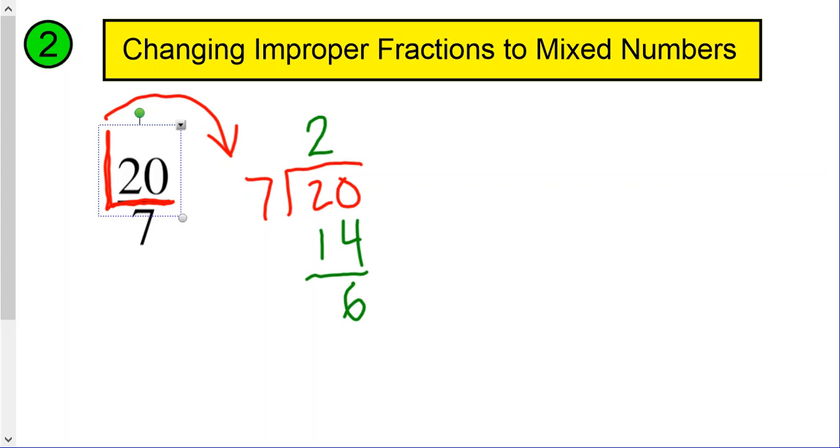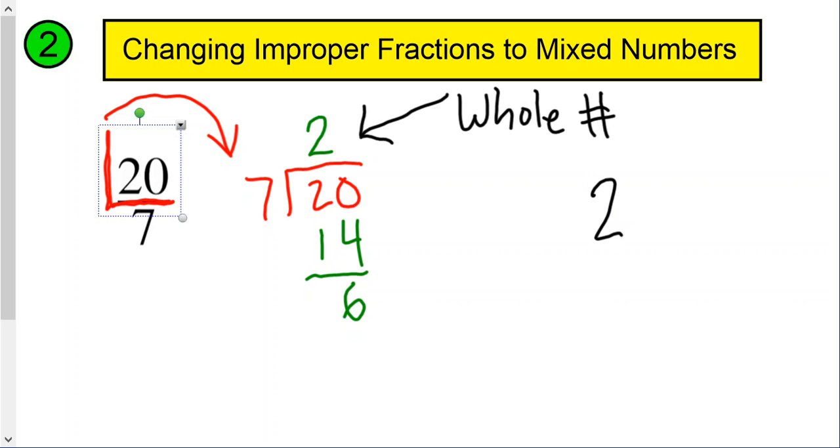Okay, so now we can use these numbers to create a mixed number. Okay, so I'm going to draw some arrows here. This number here, the 2, is going to be our whole number. Okay, so our answer is going to be 2.